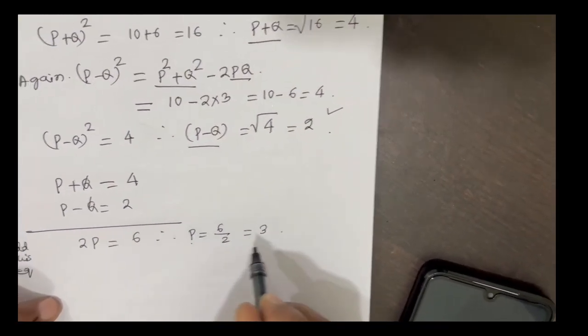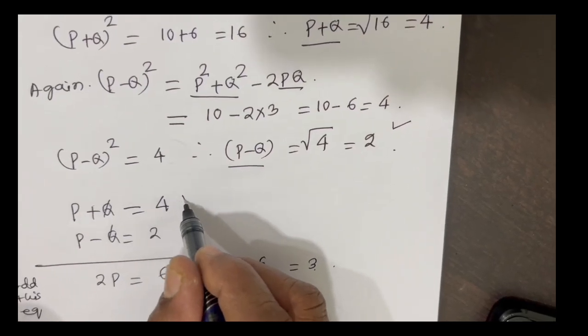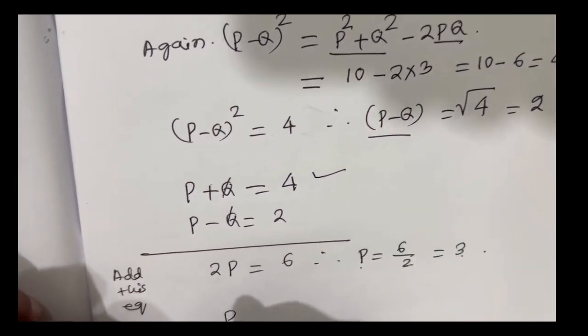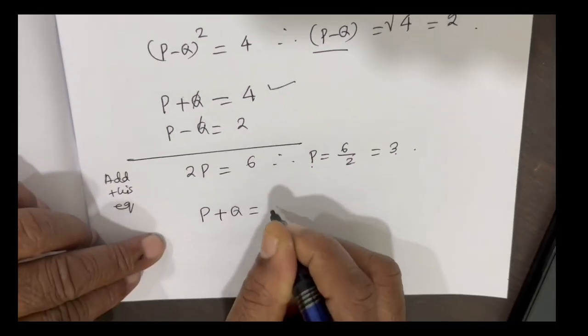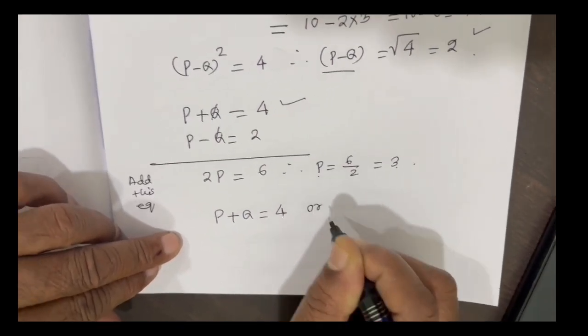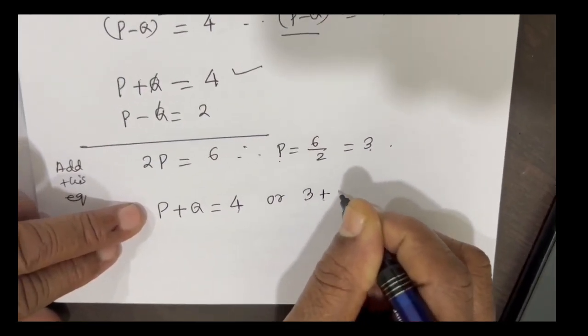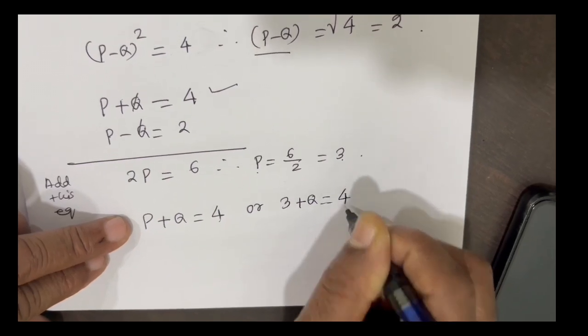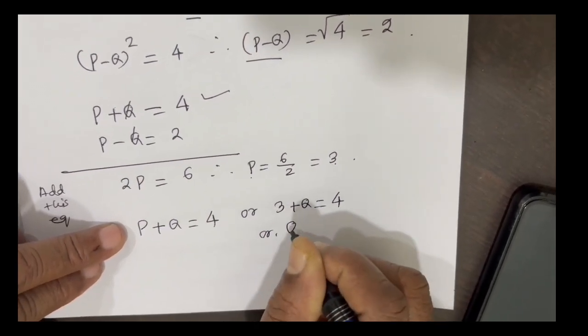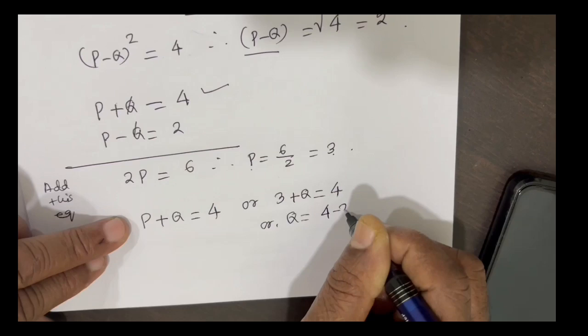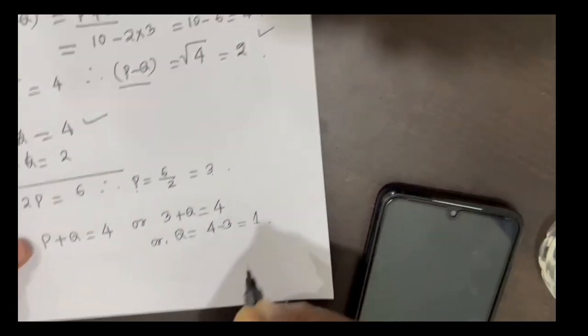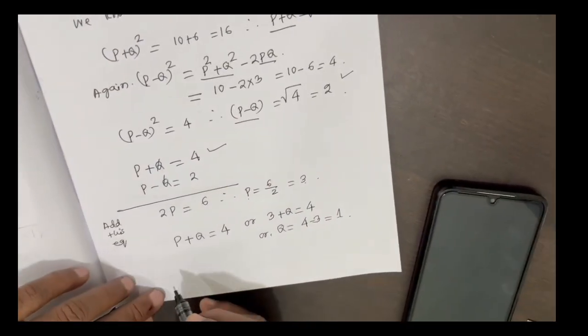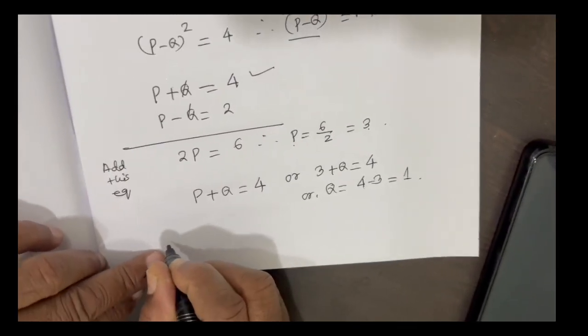Putting the value of P in this equation, P plus Q is equal to 4, or 3 plus Q is equal to 4, or Q is equal to 4 minus 3 is equal to 1. This is the required magnitude of two forces.